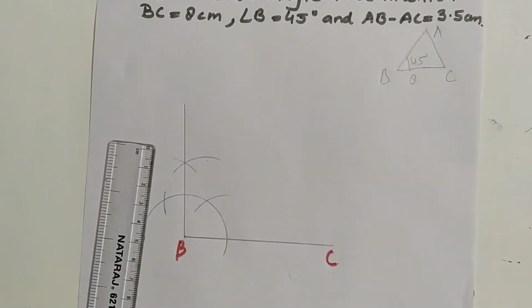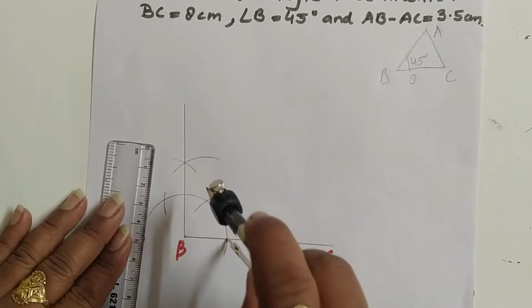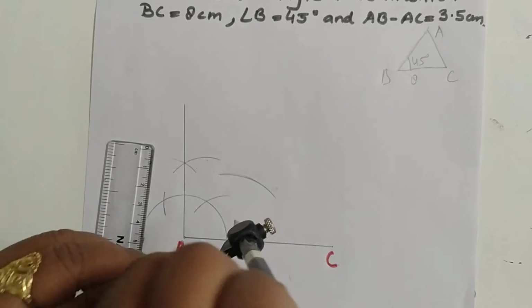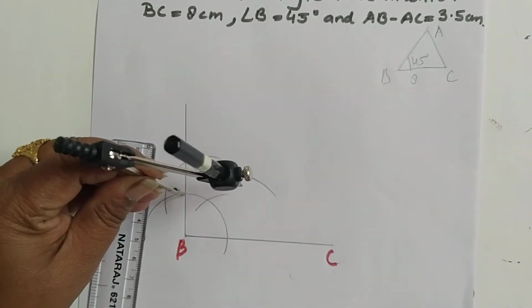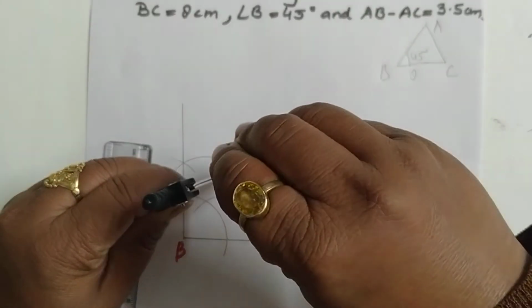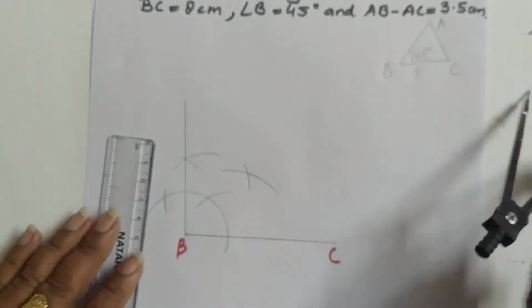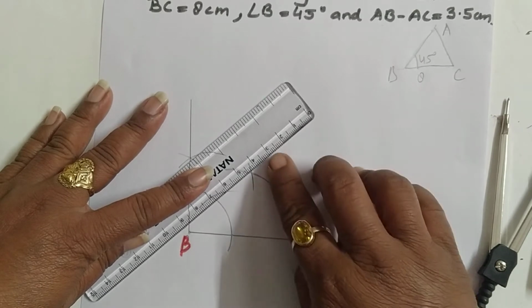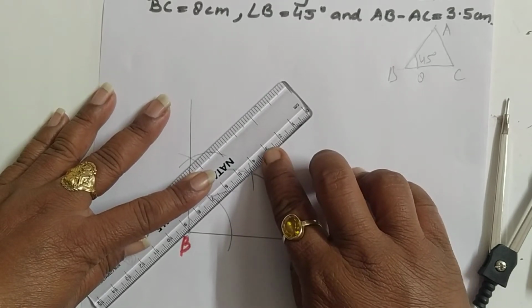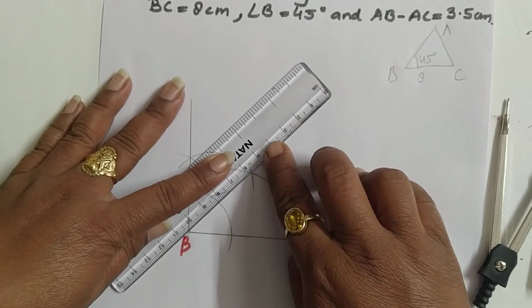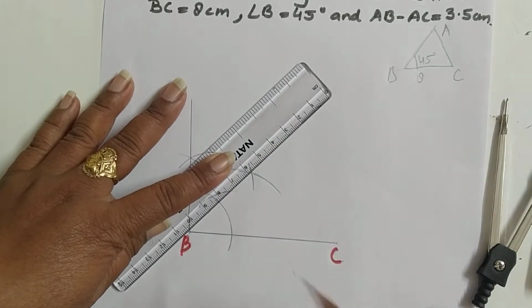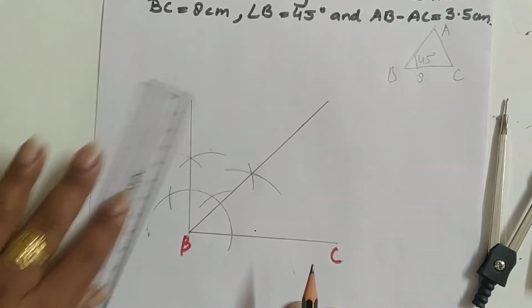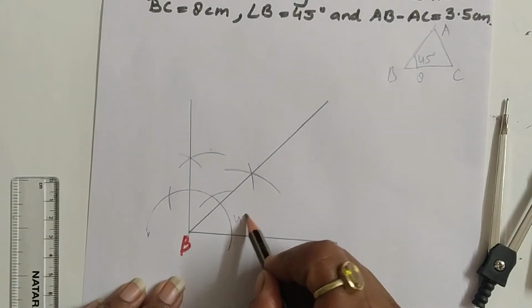Now we need to find the half of this angle, so where the arc cuts the 90 degree, we will get 45 degree. So now we have got the 45 degree.